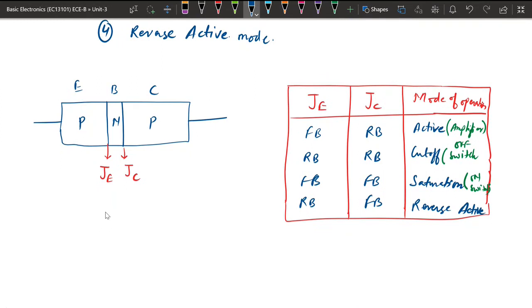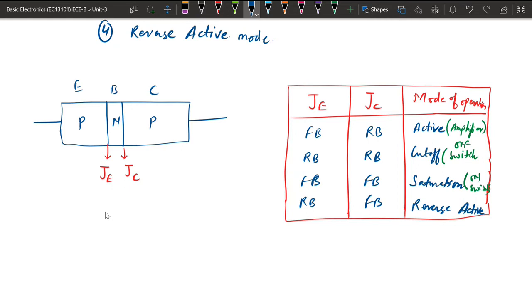In the BJT, two different junctions are there. The junction between the P and N regions on the emitter side is called JE, the emitter junction.